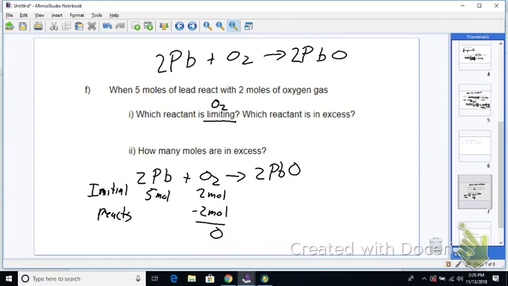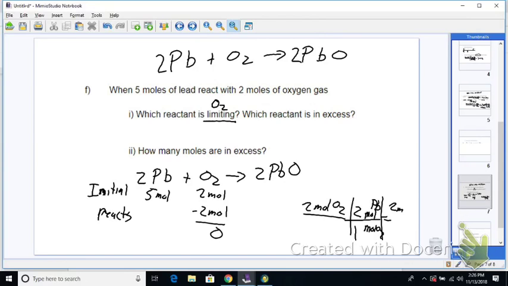So this is what you do. You refer back to what we just did, and you say, if I react 2 moles of oxygen, how many moles of lead will I need? So down here goes what unit? Moles of oxygen, and up here goes moles of Pb. And then you do your ratios. 1 to 2.